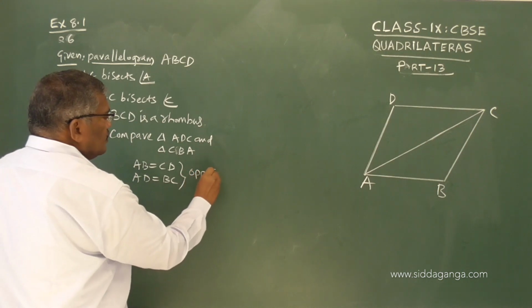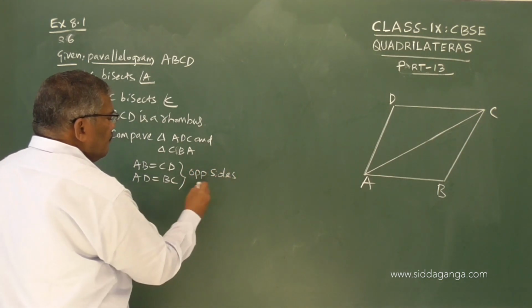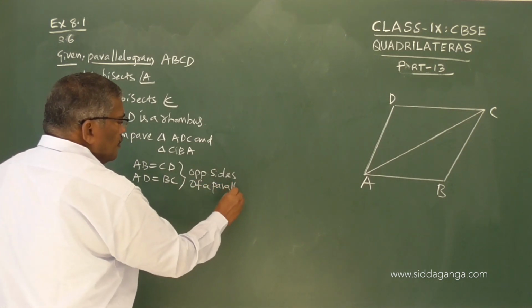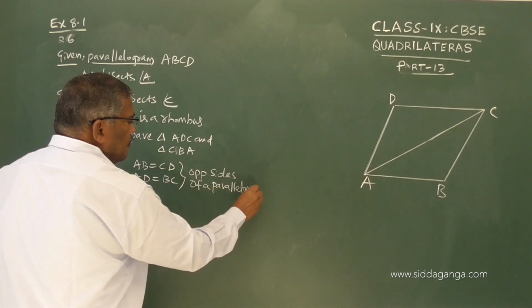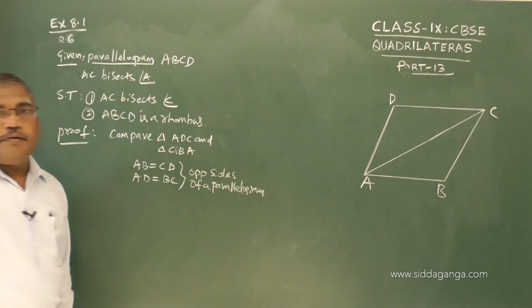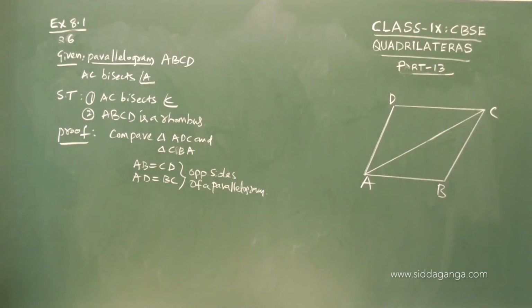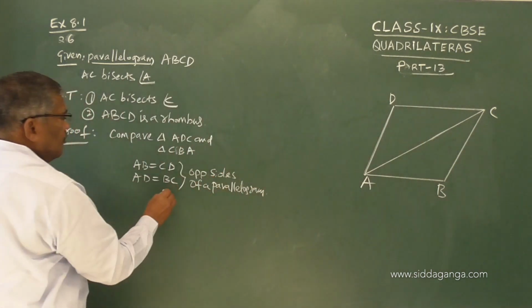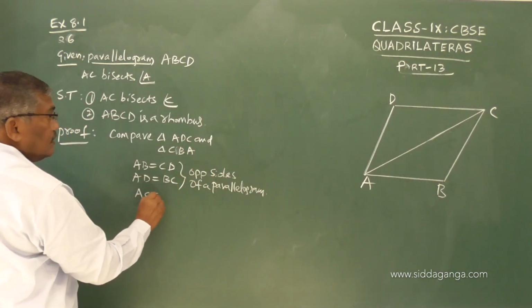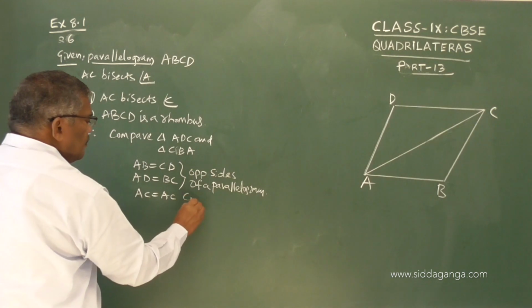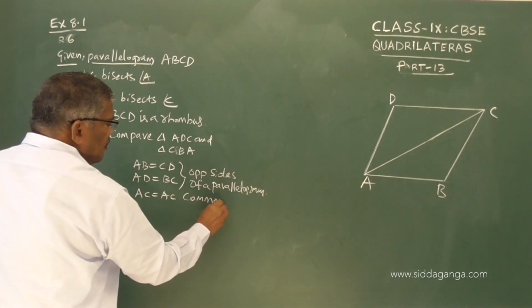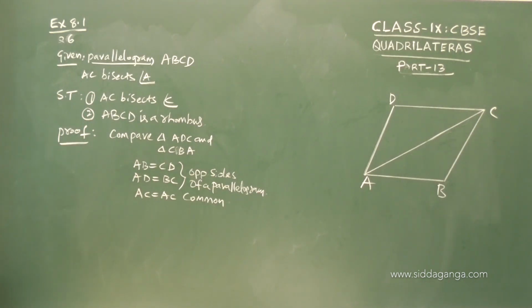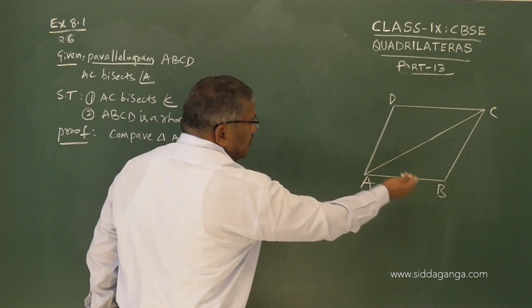Opposite sides of a parallelogram are equal. Now, AC equals AC, common side. So, all three sides of one triangle are equal to all three sides of the other triangle.